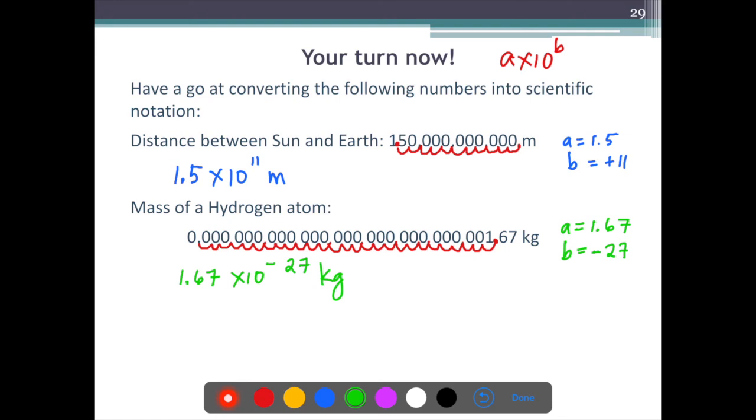All right, so notice here, if you have a positive exponent, a positive power, if you have a positive B, that means that your number is greater than 1.